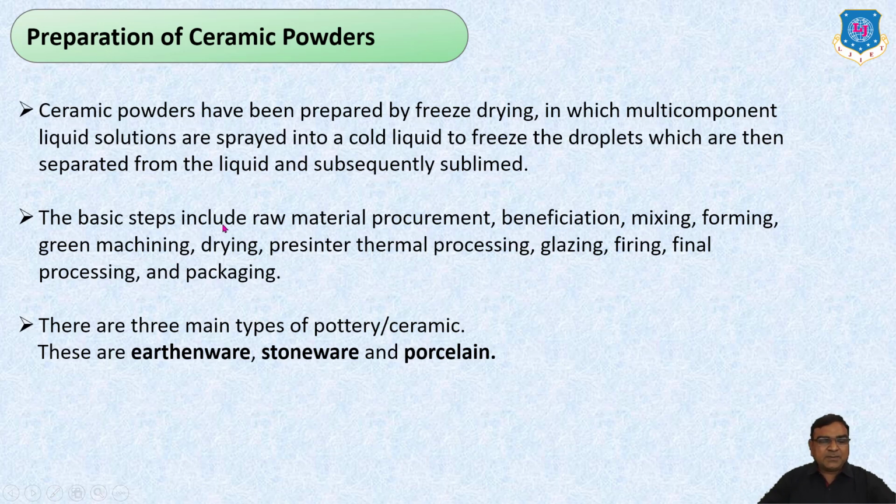The basic steps include raw materials procurement, beneficiation, mixing, forming, green machining, drying, pre-sinter, thermal processing, glazing, firing, final processing, and packaging. There are three main types of pottery or ceramic: earthenware, stoneware, and porcelain.